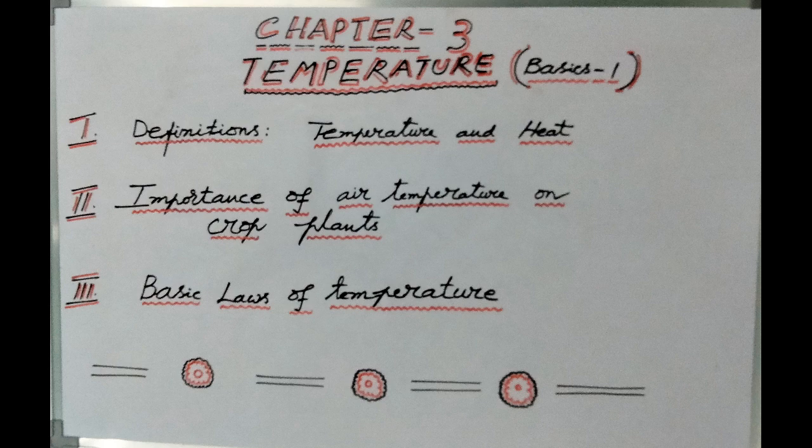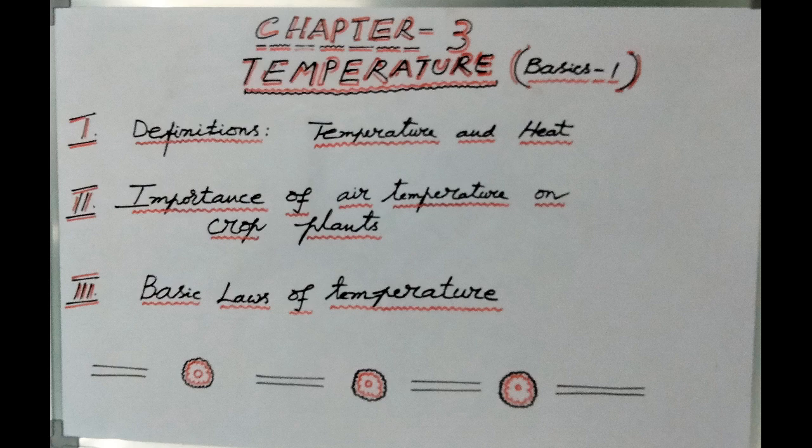Now, what is the importance of air temperature on croplands? Please note that the chapter of temperature is broadly divided into two. One is air temperature, the other one is soil temperature. In the first part of our temperature chapter, we are going to discuss only air temperature.